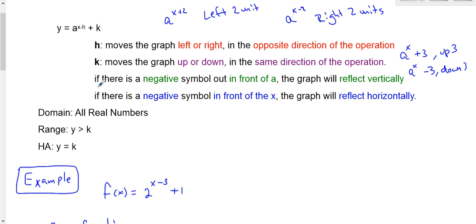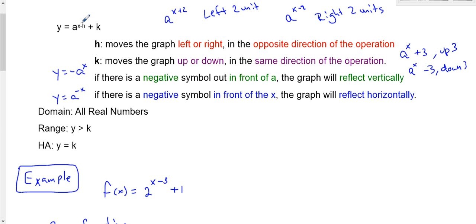If there's a negative symbol out in front of a, like y equals negative a to the x, that is going to reflect the graph vertically. If the negative is up in the exponent in front of the x, then the graph will reflect horizontally.